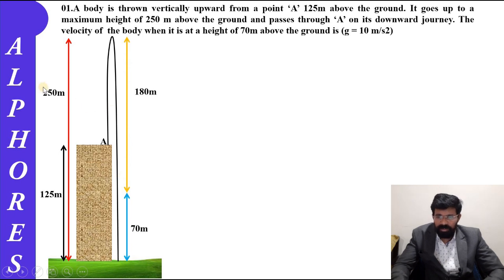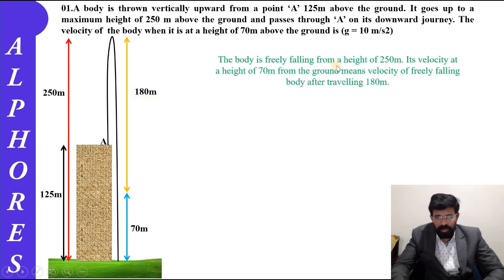It's equal to 180. 250 minus 70 will give us 180. It means from this point, it starts with a zero velocity. Gradually its velocity increases. By the time it has reached here, it acquires some velocity. And how much is the distance traveled, or how much is the height of fall? 180 meters. In case of a freely falling body, if the height of fall is known to us, can't we find the velocity acquired by it? Yes, we can find out.